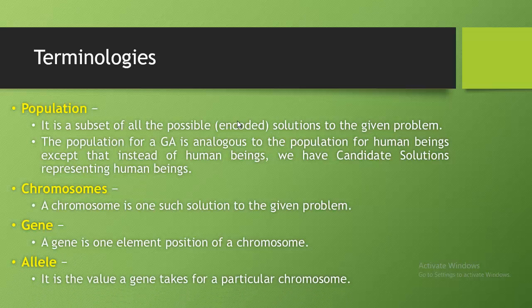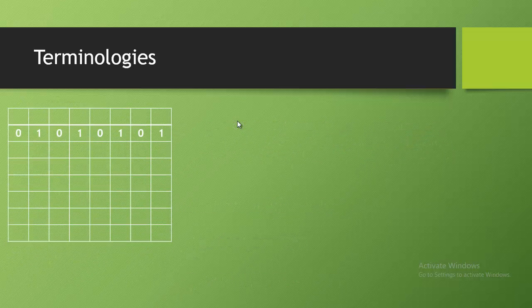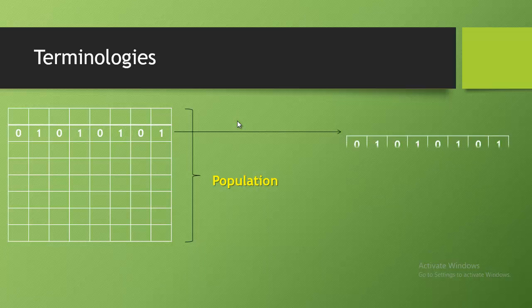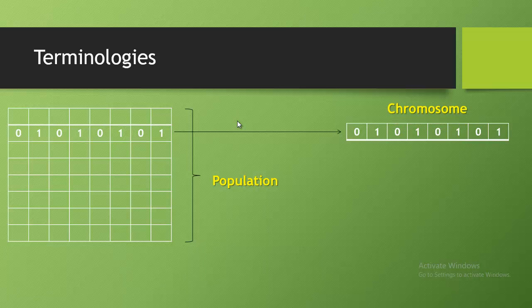Allele is the value a gene takes for a particular chromosome. Let's see the representation. For example, this is a table in which each row represents a solution to a given problem, and I have highlighted one solution from the possible solutions. These all are a set of solutions, so it is known as the population. When we select one particular solution from the given set, that solution can be represented like this, and this representation is known as a chromosome.